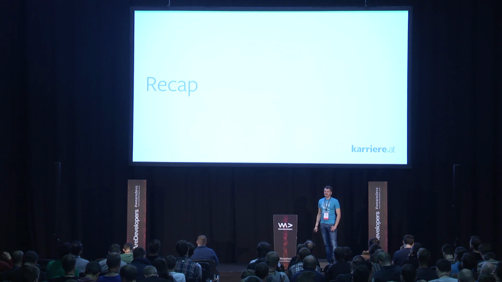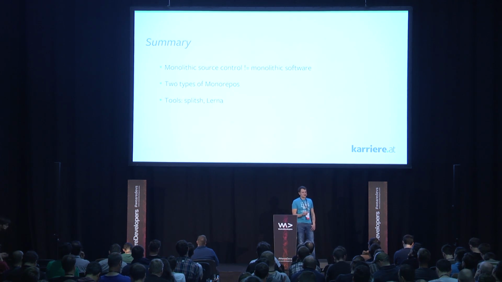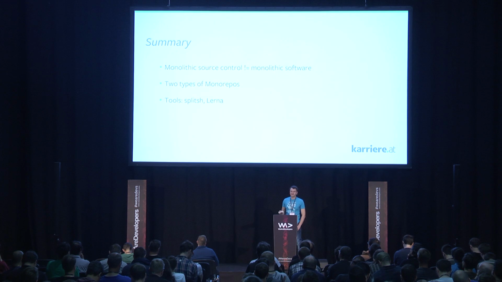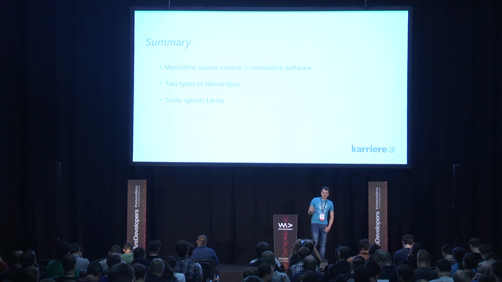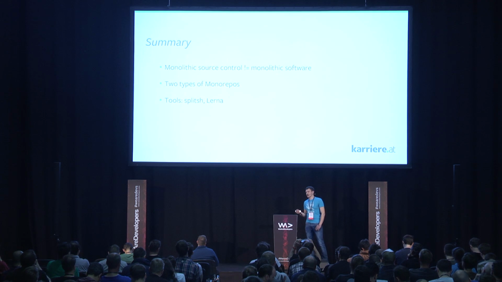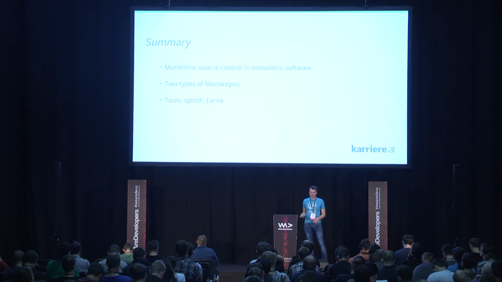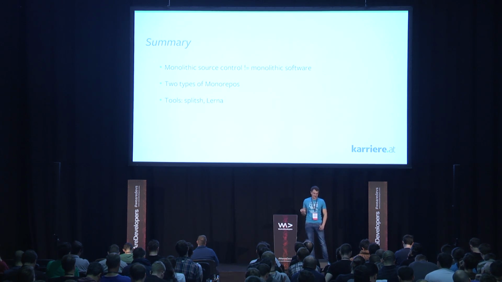OK, so it's time for a quick recap. Monolithic source control doesn't mean monolithic software. You can build modular software using a single repository approach, and many successful companies and projects are using this. There are two types of monorepos. One type is very huge monorepos containing multiple different projects, used by companies like Twitter and Facebook and so on.